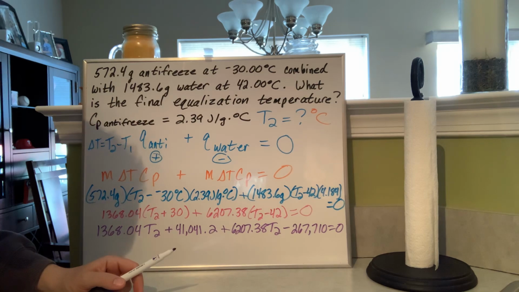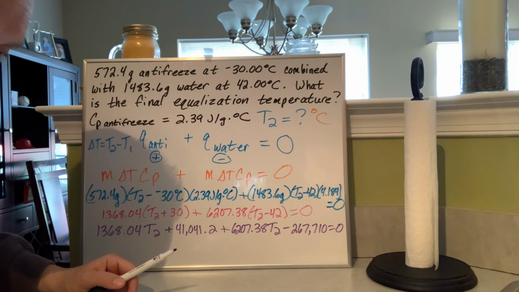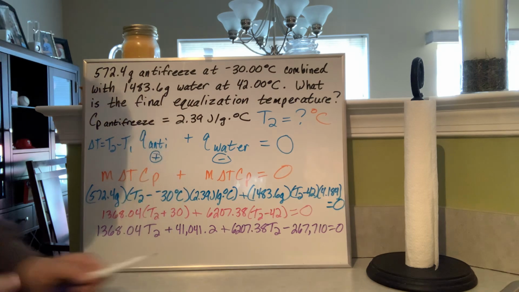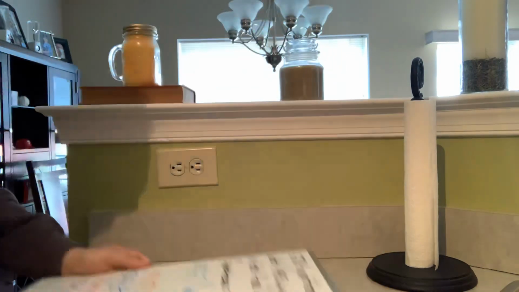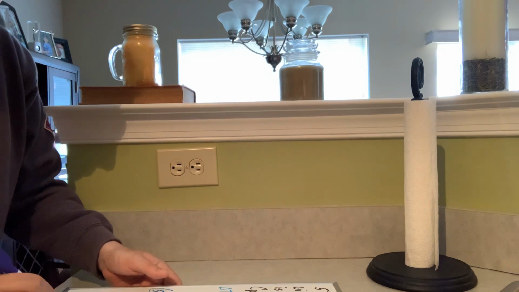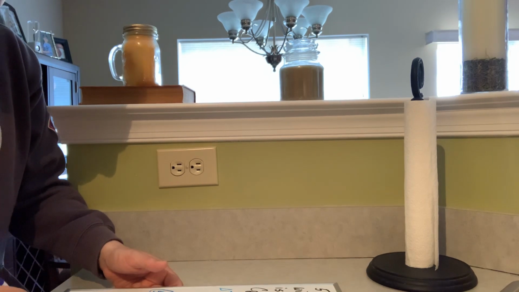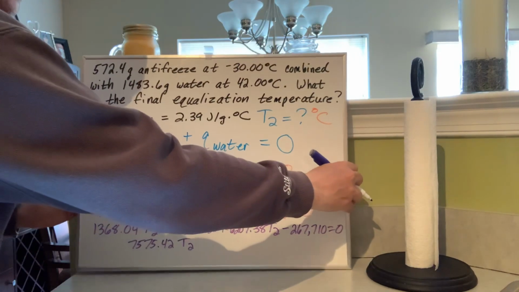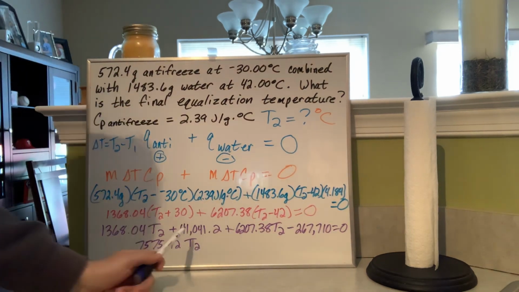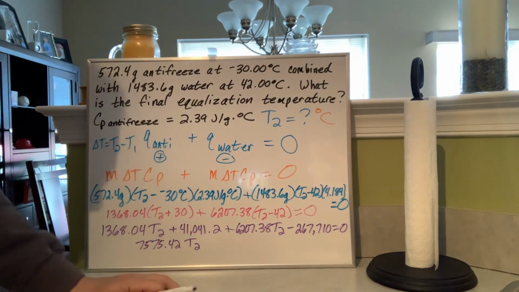We got 1368.04 plus 6207.38. And I get 7575.42. I have that much T2, right? Okay. Well, now we got positive and negative, right?